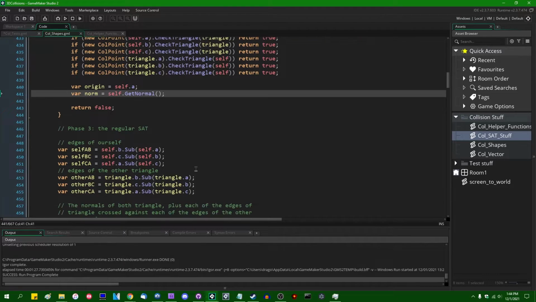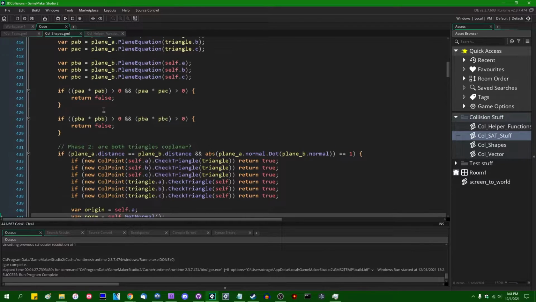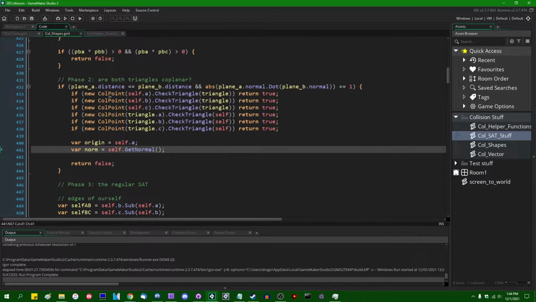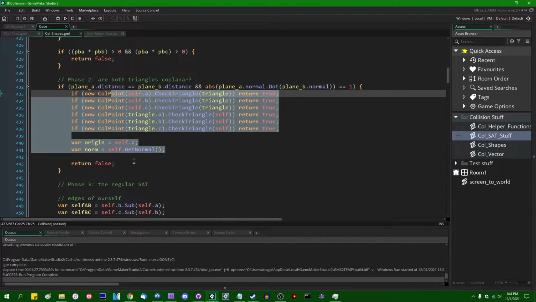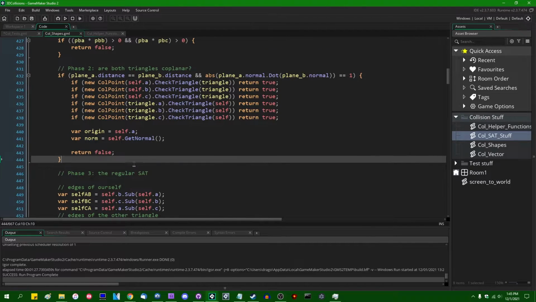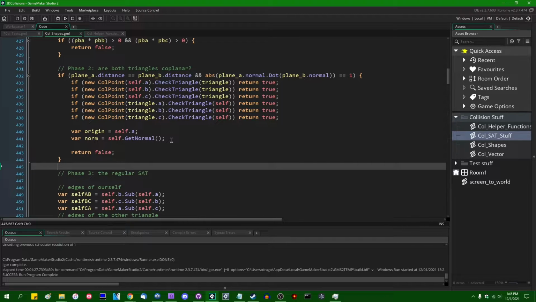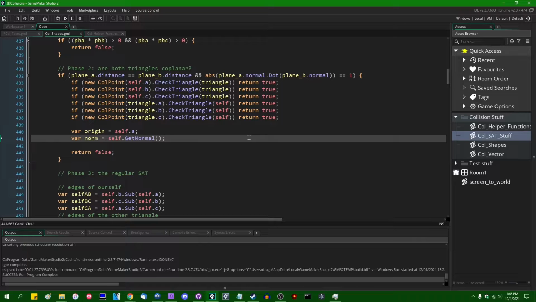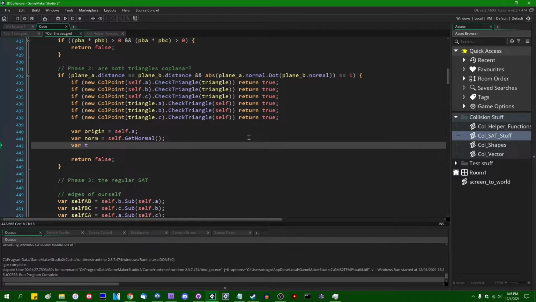And in any case, this up here, inside the two coplanar triangle checks, and this down here in the SAT check is never going to run in the same method call anyway, because they're in separate branches. Regardless, next, let's say var e1 is going to be self.b.sub self.a.